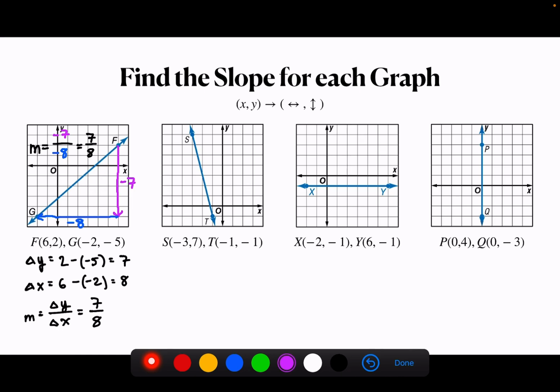Now let's go to the next one. We're going from s to t, so st. One, two, three, four, five, six, seven, 8. We've gone negative 8. And this time we're going to be moving to the right too. So moving to the right is a positive motion.